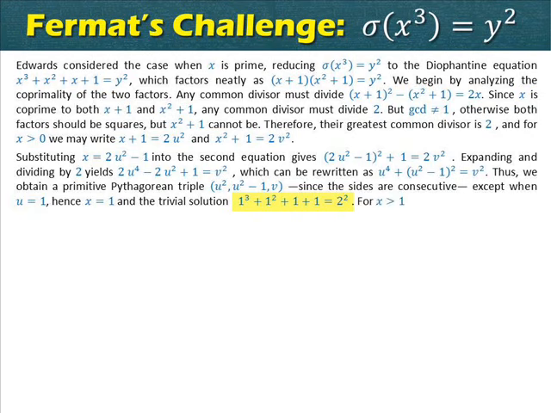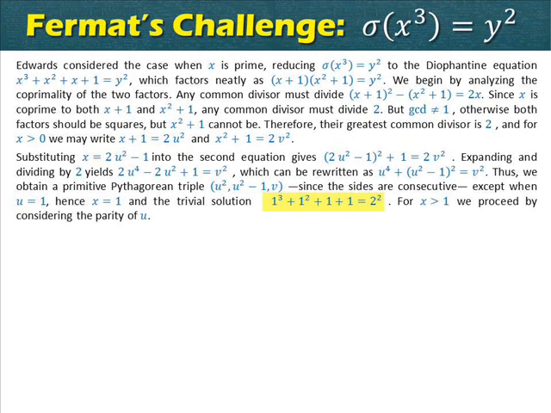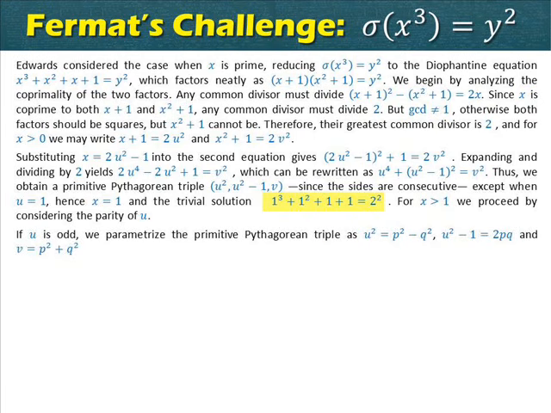For x bigger than 1, we proceed by considering the parity of u. If u is odd, we parameterize the primitive Pythagorean triple as u squared equals p squared minus q squared, u squared minus 1 equals 2pq, and v equals p squared plus q squared, with p bigger than q, both bigger than 0, coprime, and of opposite parity.